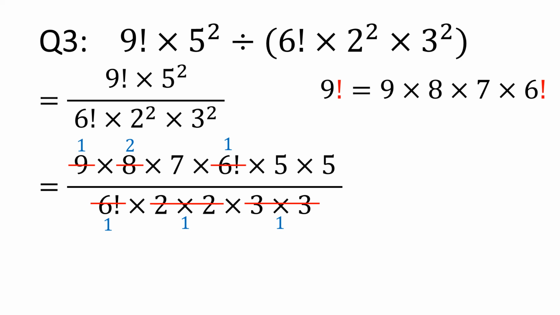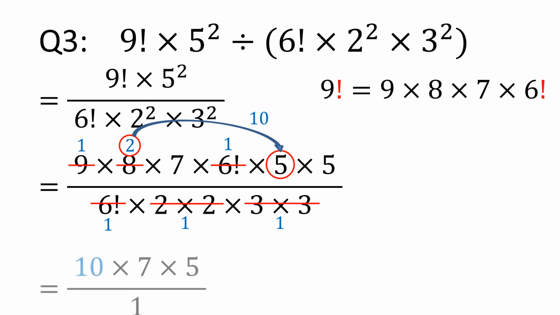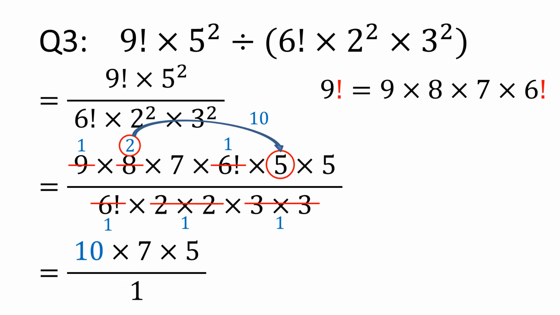Multiplied by 1 doesn't change anything. So 2 times 5 becomes 10. And we have 10 times 7 times 5 over 1. 7 times 5 is 35, and we place 1 0, so it will be 350 over 1, which is simply 350.